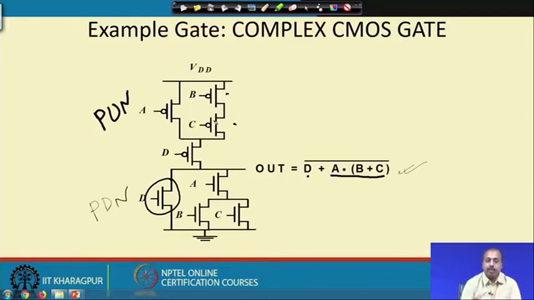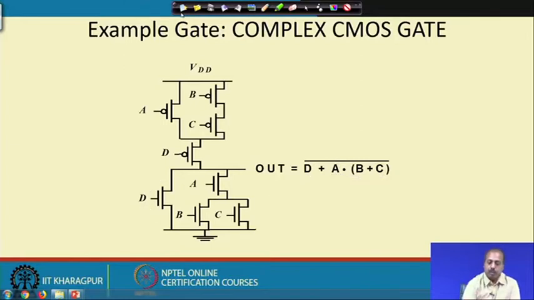This way we can very easily draw the CMOS transistor level diagram of any combinational logic function. Of course, the output should be in complemented form. If the output is not in complemented form, you can put another inverter after this to get the function.